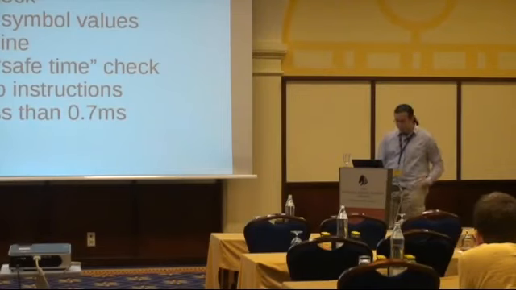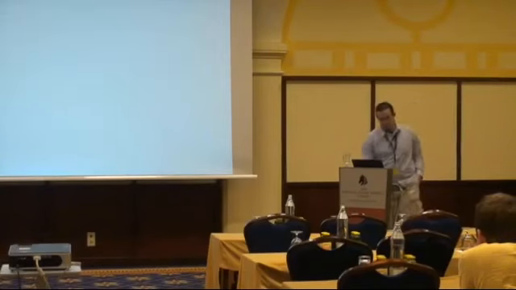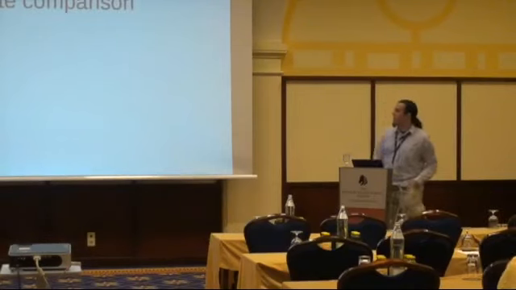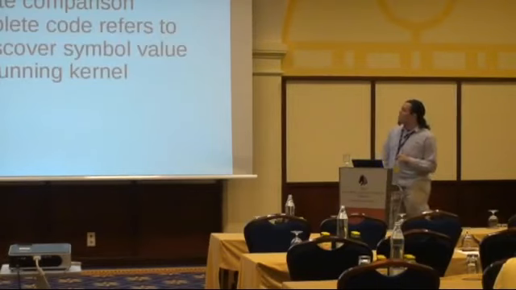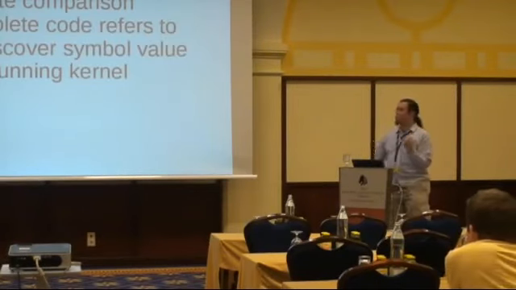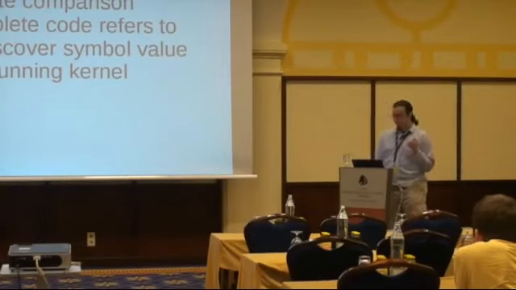All right, so now I'm going to dive a little bit more deeply into this matching of the pre-code. Like I said, it's a byte by byte or instruction by instruction comparison. And when the obsolete code, the pre-code, refers to a symbol, we discover that symbol value based on the running kernel. So remember how we unlinked all of this object code.